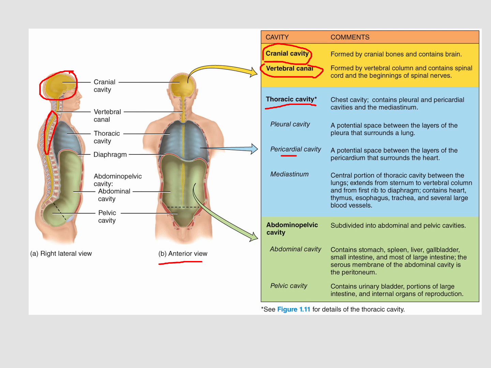And mediastinum is the central portion of the thoracic cavity. We'll go over this in more detail in just a little bit. Then we've got the abdominopelvic cavity, which is divided into abdominal cavity and the pelvic cavity.